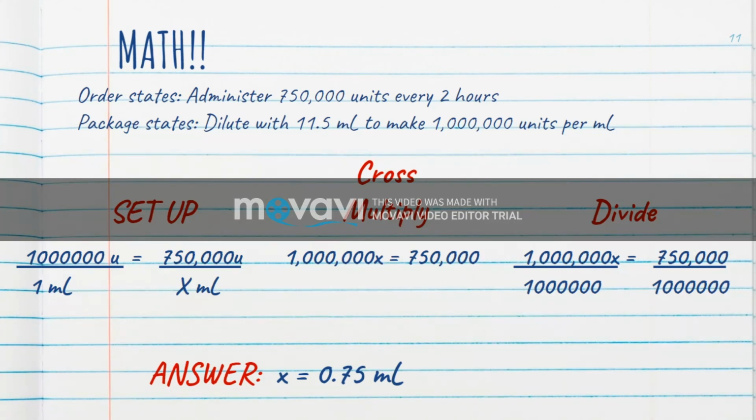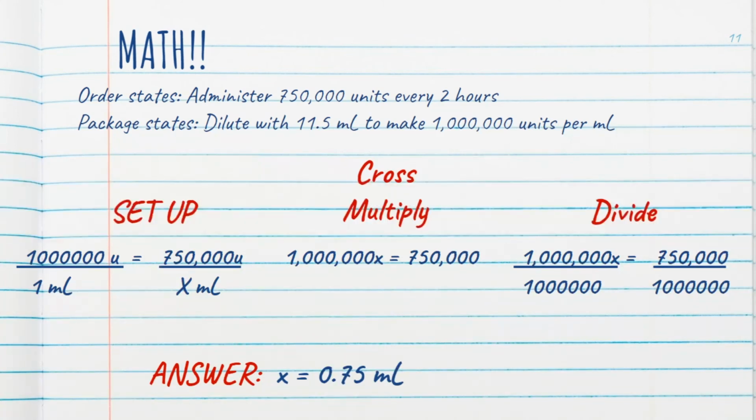All right, then when we divide, in order to get that X to stand alone, we have to divide by 1,000,000 on both sides. When we do that, we find our answer. We get 0.75 mLs. That is how much we have to give every 2 hours.